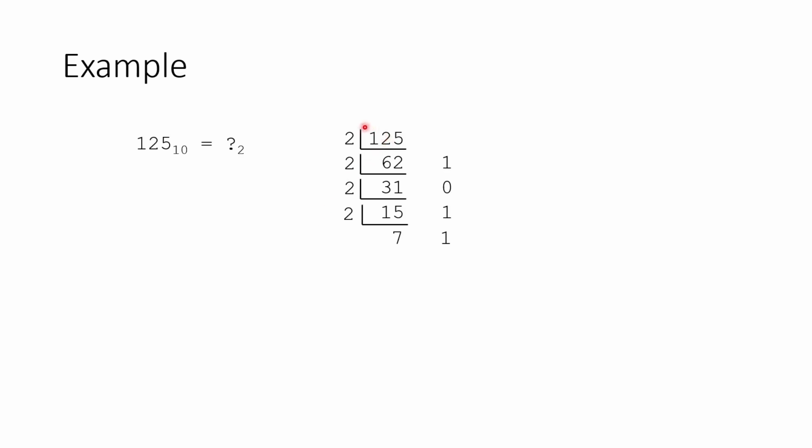When we divide by 2, we write the remainder as 1, and when there is no remainder, we write 0. And the result we have to write from the least significant bit to the most significant bit. So the result will be 1111101.